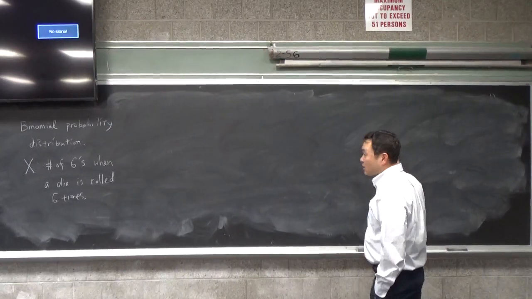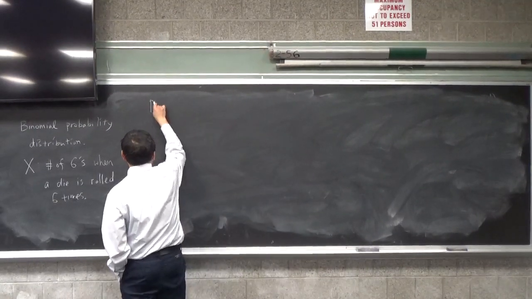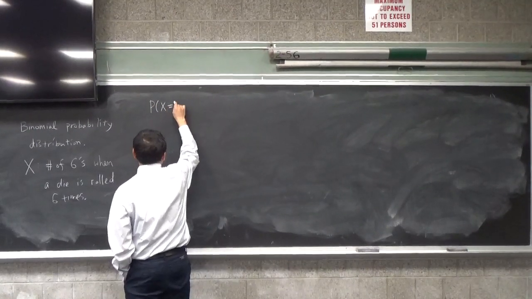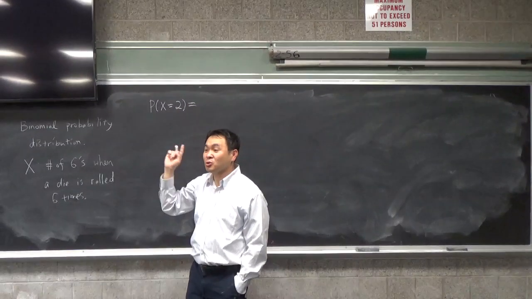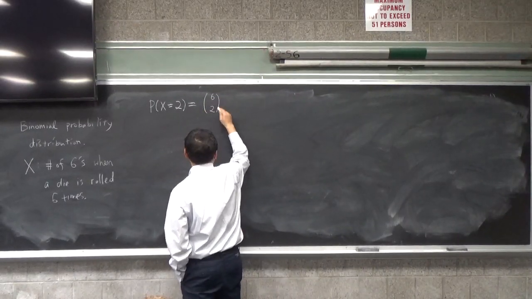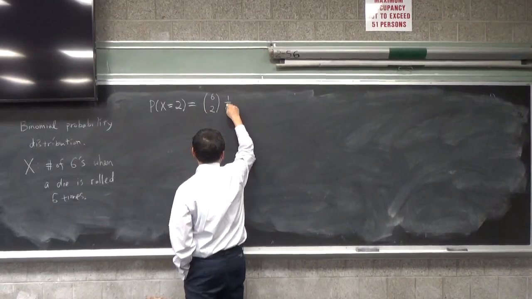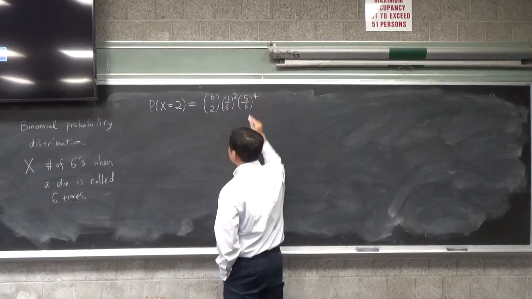And what we just figured out, I erased it, is the following. The probability that x will be 2, the probability that you'll get exactly 2 6s, is 6 choose 2, 1/6 squared, 5/6 to the fourth.